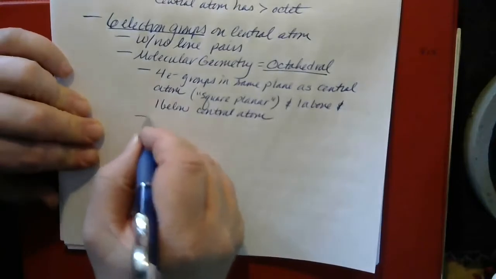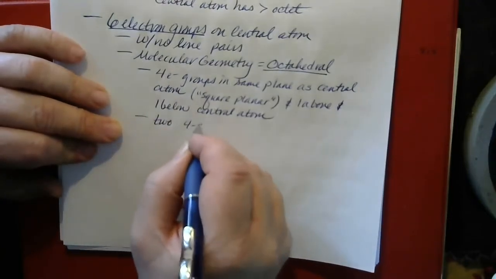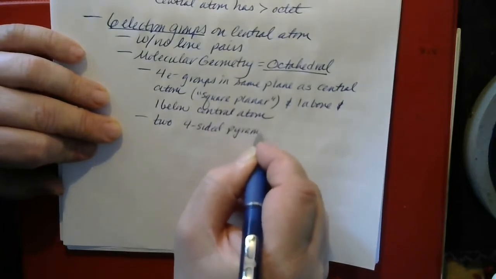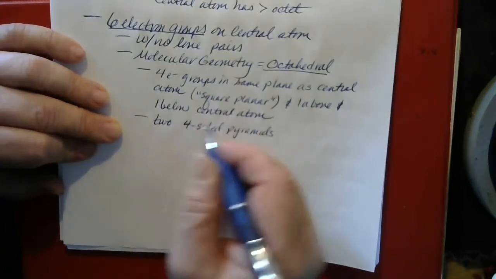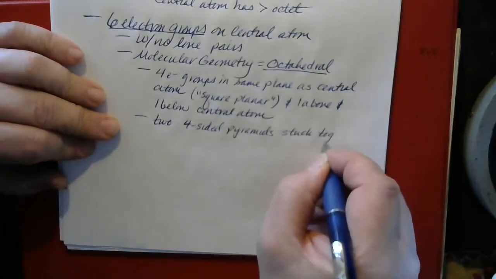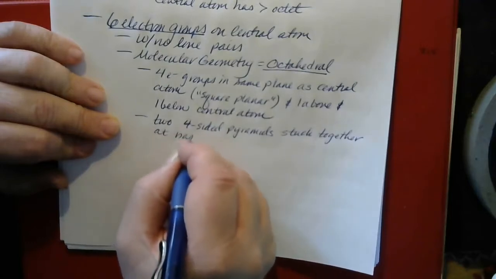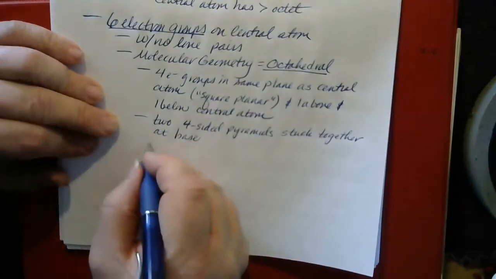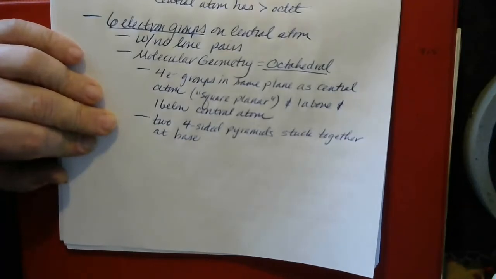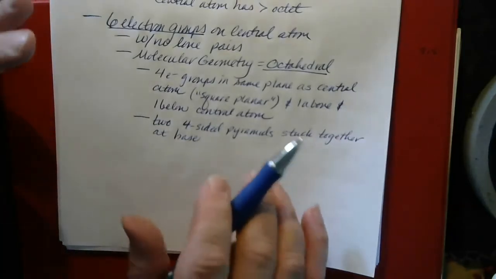Because this amounts to 2 4-sided pyramids stuck together at the bases. And that's called octahedral.